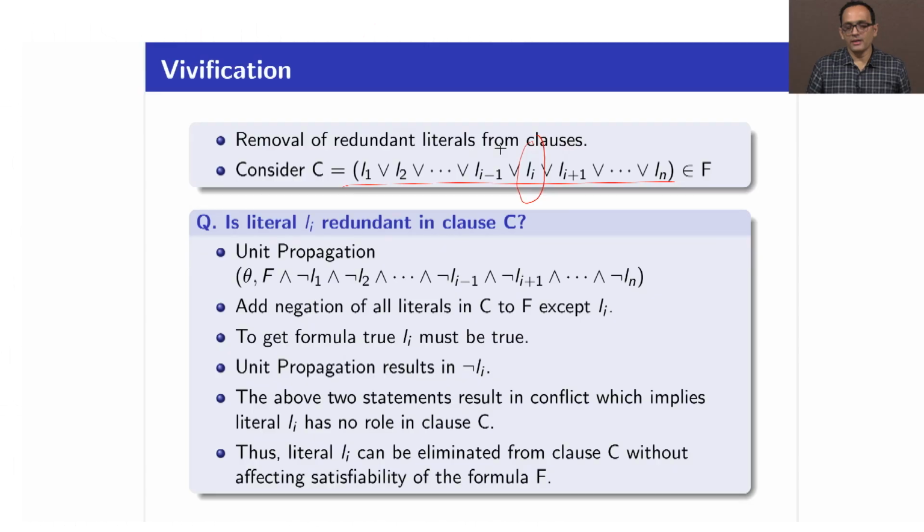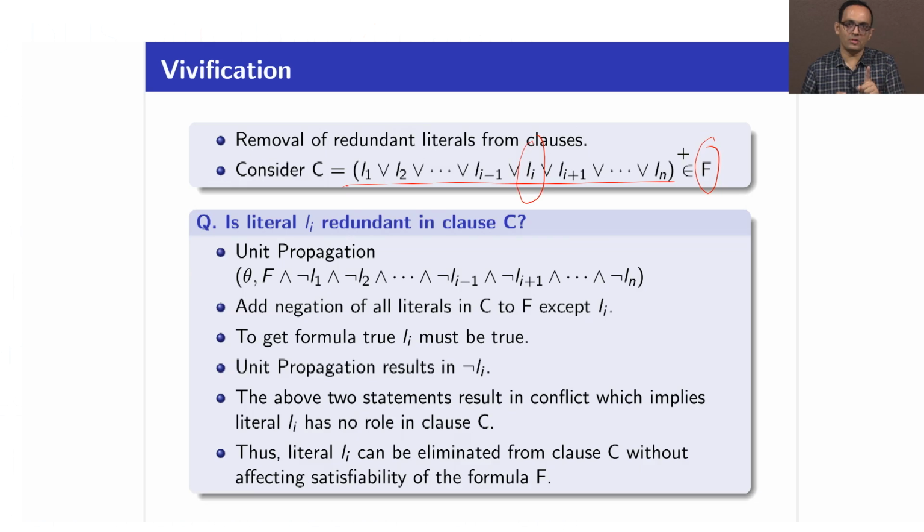How is it effectively done? It uses unit propagation, and I will explain how it happens. Let us say I have a generic clause which has n literals, and I want to check whether a particular literal Li is useful here or redundant. Remember this is part of the formula, and the formula may have other clauses.